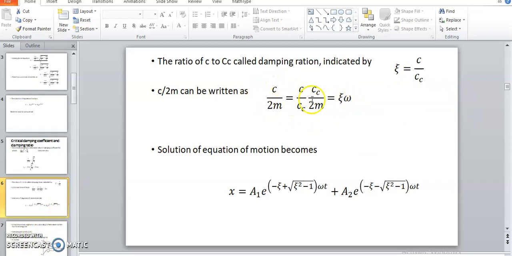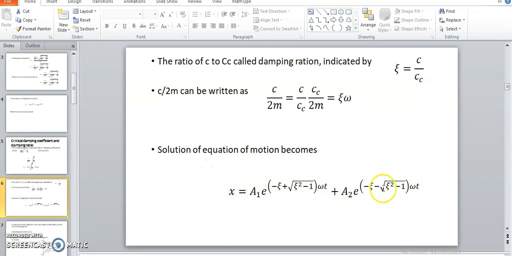Now we put the zeta omega term in the solution we just derived, and it becomes a1 e raised to u1 t, with u1 expressed in terms of zeta, plus a2 e raised to u2 t. We get x in terms of zeta.